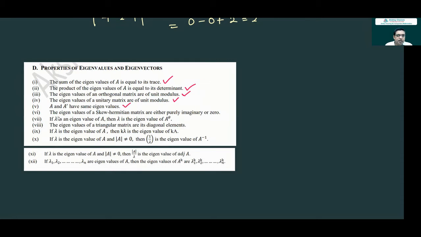Okay. Now, eigenvalues of not just Q Hermitian, I'll write here, I have to add. Now, eigenvalues of a symmetric matrix are real.